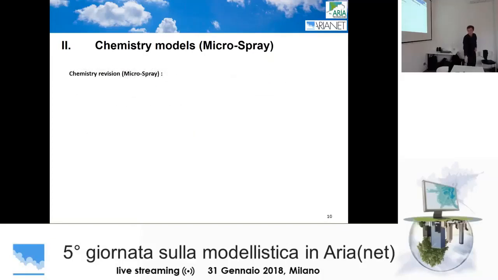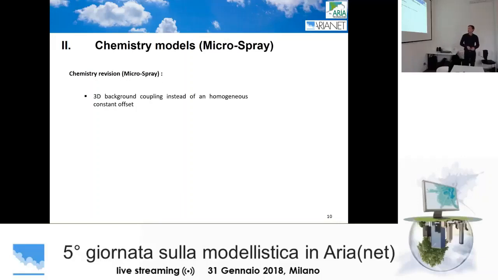So what's new? Because that was already implemented in the model. The first thing is that using the Chapman cycle requires background concentrations in the urban environment, and the previous version of parallel MicroSPRAY was using homogeneous offsets for all the domain.